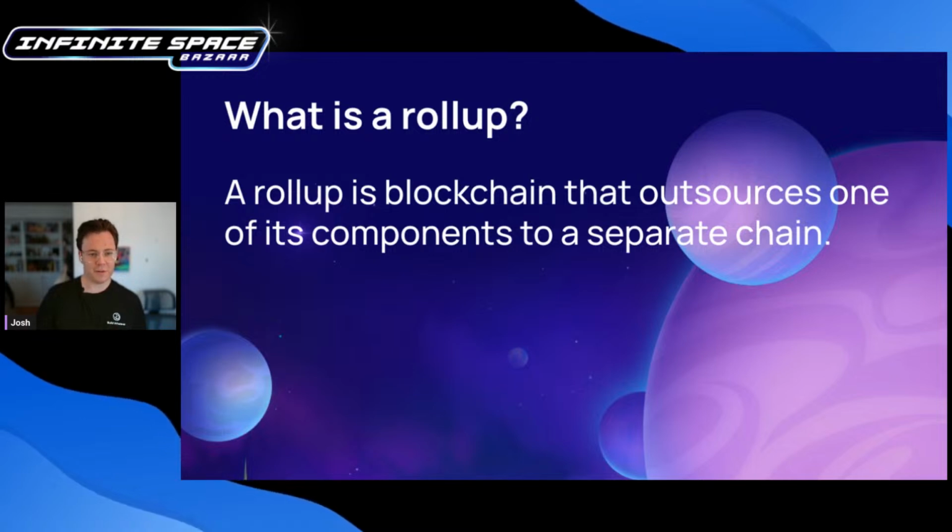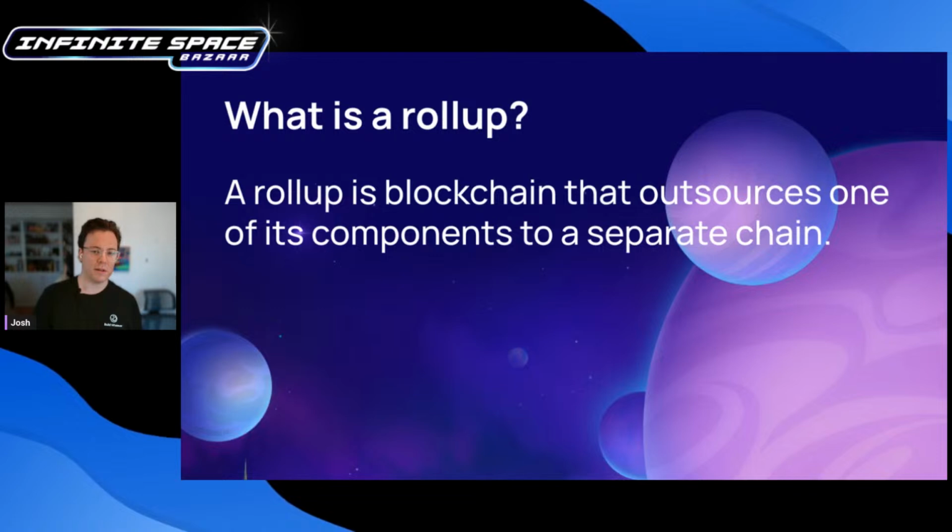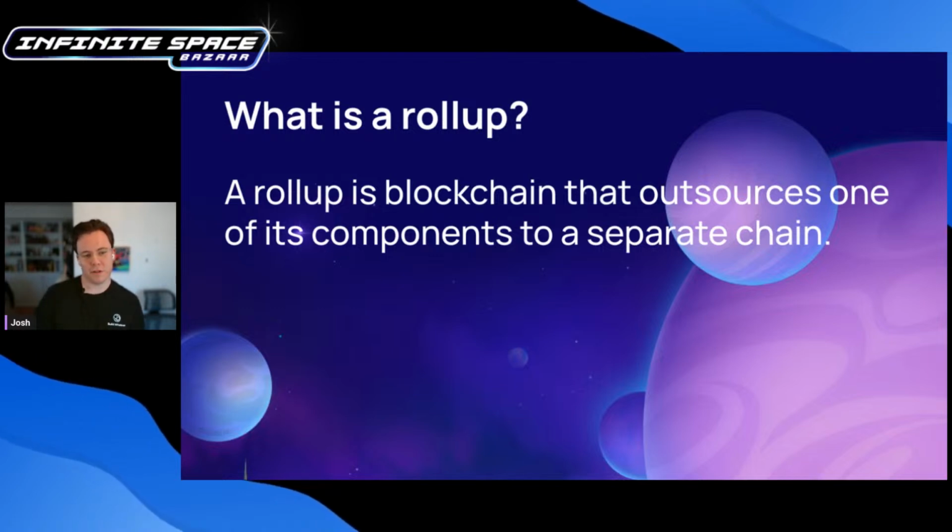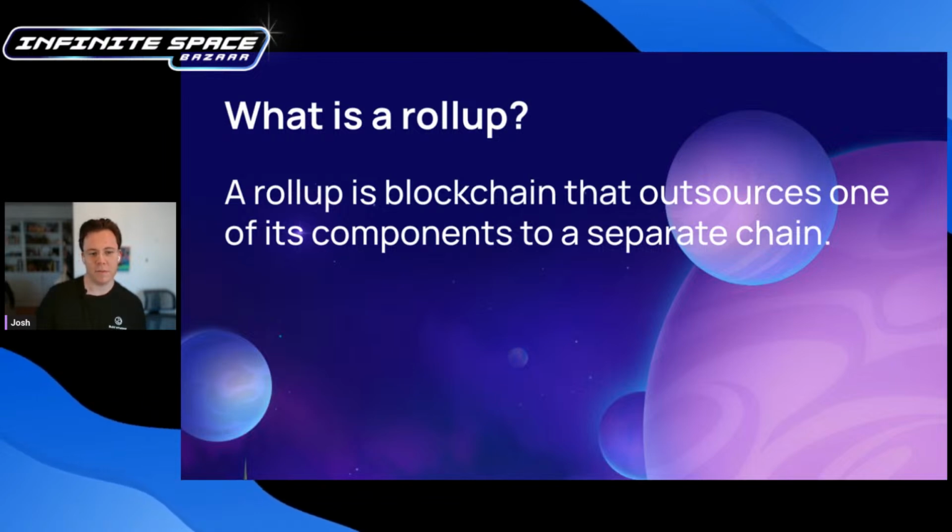So now that we've talked about Celestia and building rollups on top of it, it's probably a good idea to define what a rollup is. A rollup is just a blockchain that outsources one of its components to a separate chain.